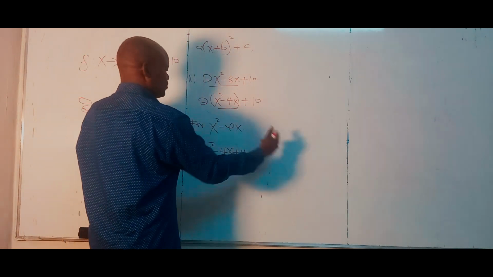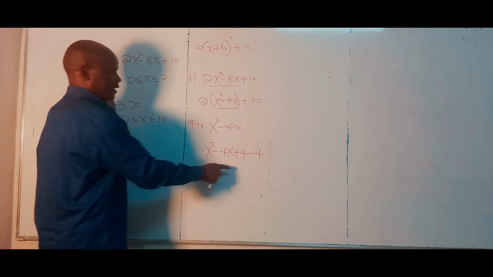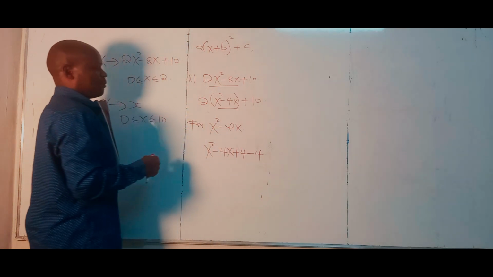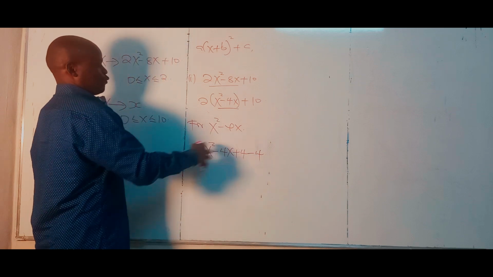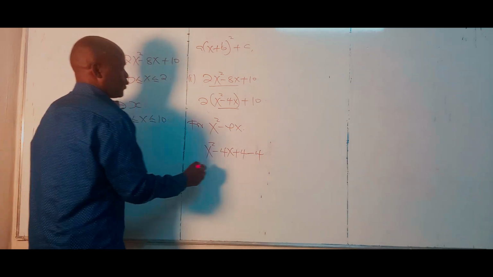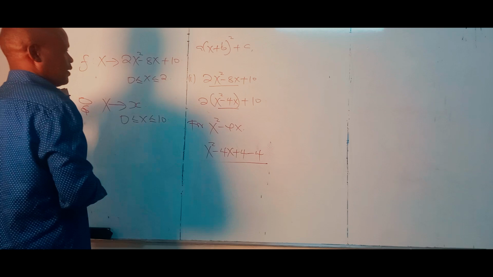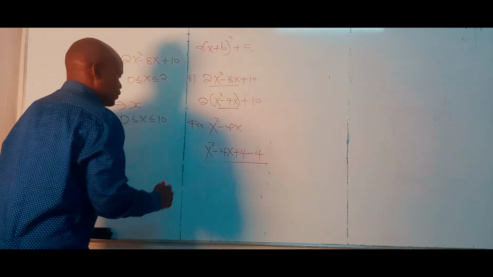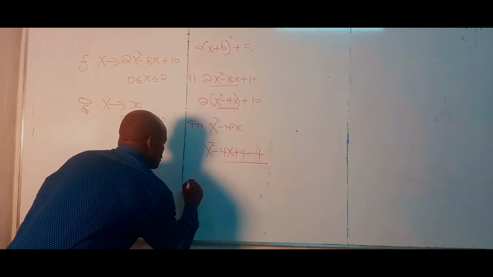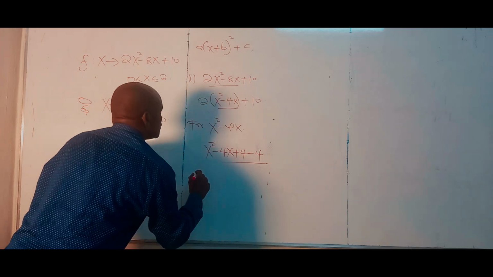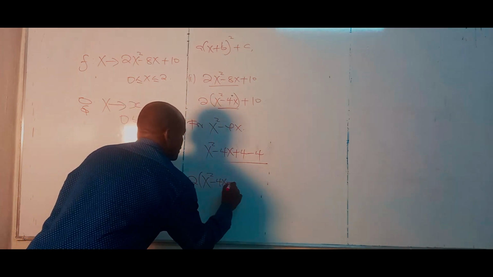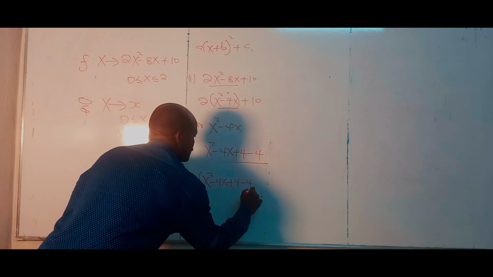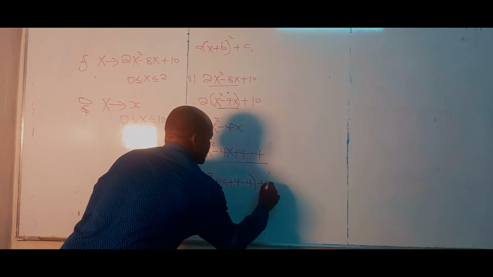By adding and subtracting, it's like I've done nothing, but at least I've done something, because I now have freedom to factorize. So I carry the whole of this as it is and bring it here. That will give me 2 into (x squared minus 4x plus 4 minus 4) plus 10.